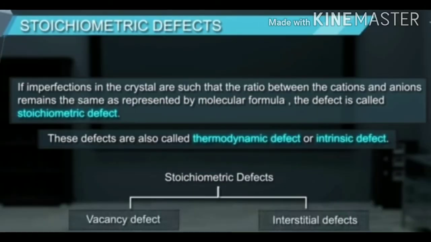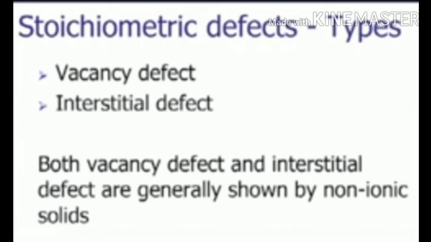These defects are otherwise known as thermodynamic defects or intrinsic defects. Stoichiometric defects are again classified into two types: vacancy defects and interstitial defects. Both are generally shown by non-ionic solids.